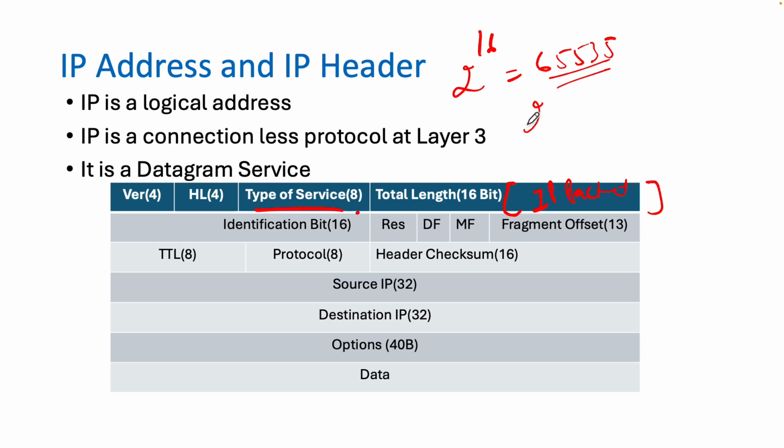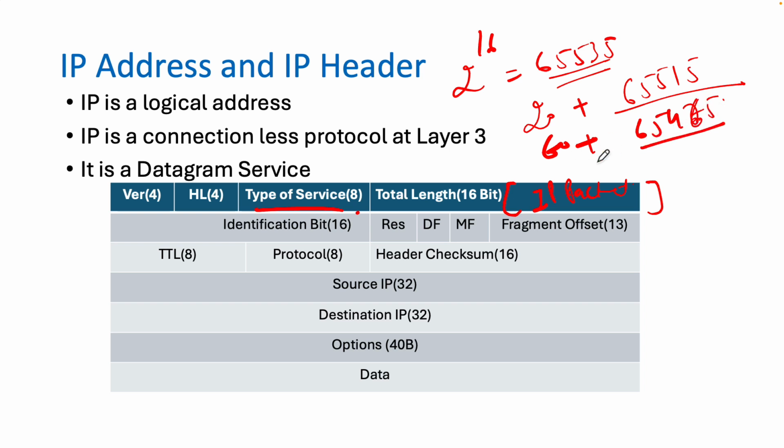So let's say if the header is 20 bytes, then for the payload the value will be 65515. If the header size is 60, then the value will be 65475. This one will be the value of the payload.